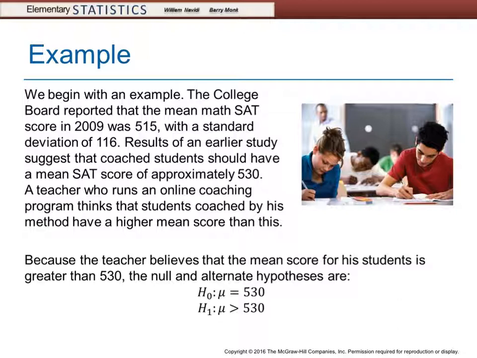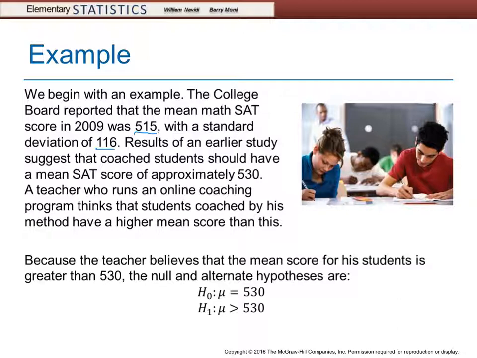We begin with an example. The College Board reported that the mean math SAT score in 2009 was 515 with a standard deviation of 116. Results of an earlier study suggest that coached students should have a mean score of approximately 530.